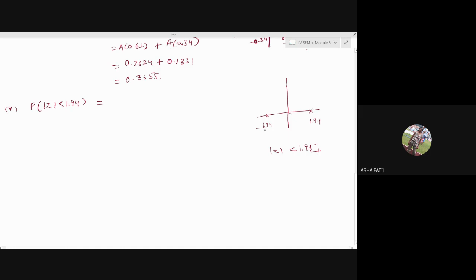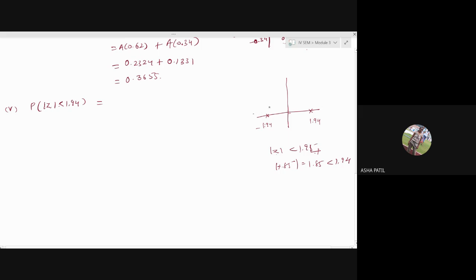The modulus of minus 1.94 is 1.94. Similarly, if you take mod of minus 1.85, you'll write it as 1.85, which is less than 1.94. So any value from 0 to minus 1.94 when taken modulus will be less than 1.94.